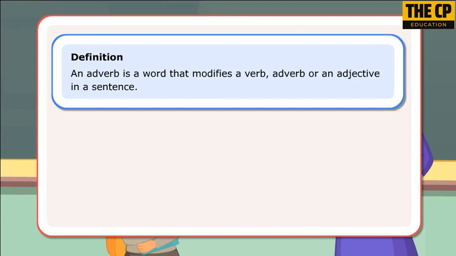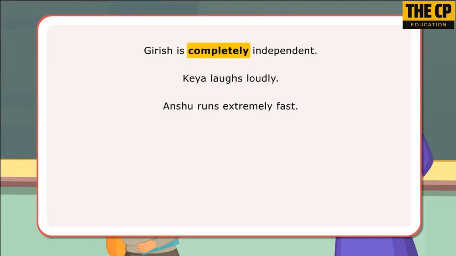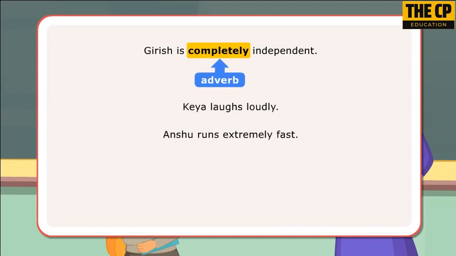Let us look at few sentences. Girish is completely independent. Kea laughs loudly. Anshu runs extremely fast. In the first sentence, completely is an adverb, as it modifies the adjective independent.